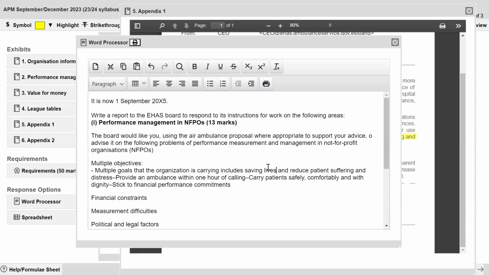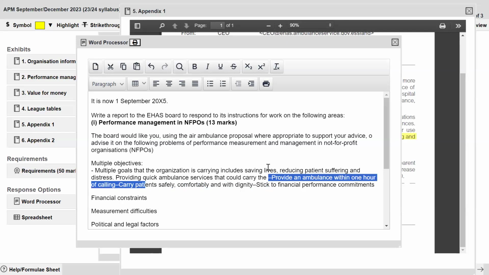The goals include saving lives, reducing patient suffering and distress, providing quick ambulance services that could carry the patients safely, comfortably, and with dignity, and also to achieve the financial performance commitments.